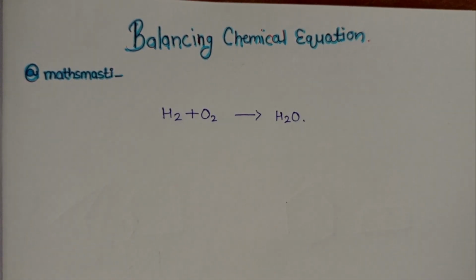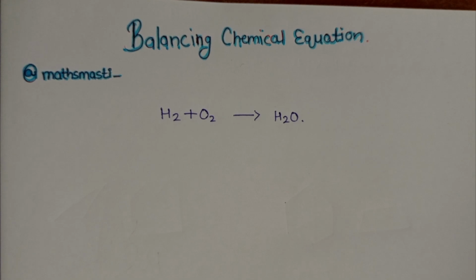But wait, this equation isn't balanced, meaning the number of atoms on the left doesn't match the number on the right. And we know the law of conservation of mass: matter cannot be created nor destroyed, so we need to balance it.